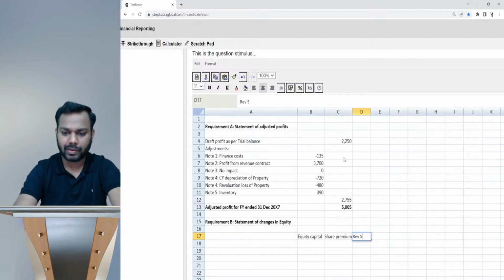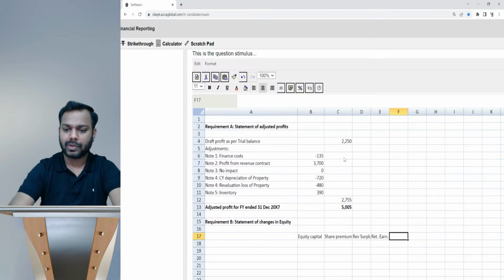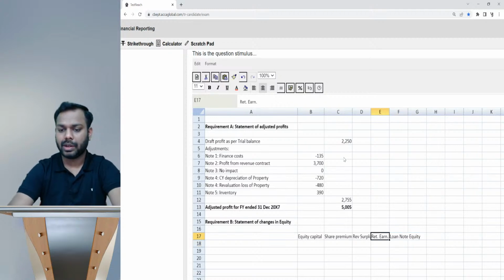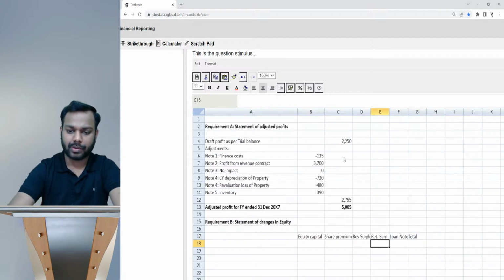Revaluation surplus, then retained earnings, then you can say loan note equity component, right? That's all I believe. Total, and the rest is total.